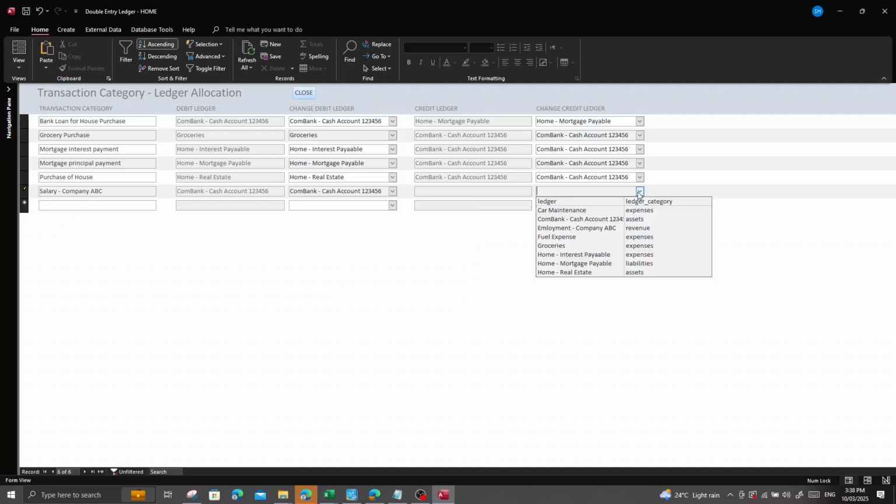And then the credit account will be our company ABC revenue account. So that's how you add some transaction categories.